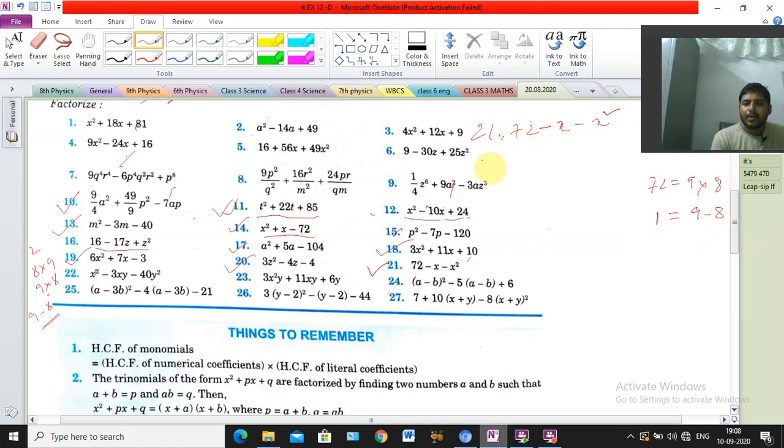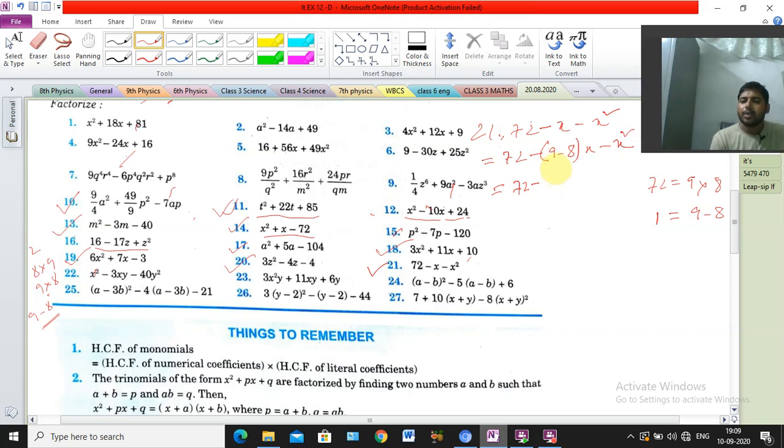So see, I am writing 72 at first, minus, and here 1 is the only coefficient of x, so instead of 1 I will write 9 minus 8. Clear or not? Because only 1 was there, 1 means 9 minus 8, into x, minus x square. Clear? Next, 72 minus, just remove the bracket.